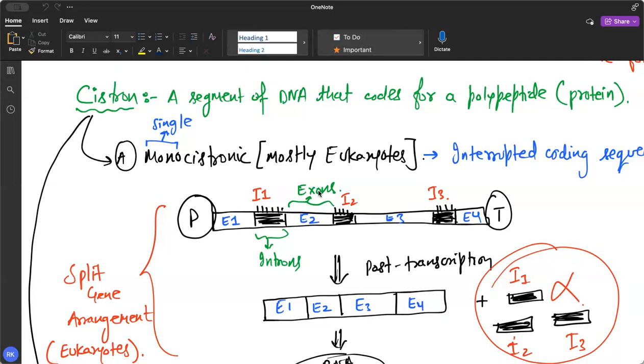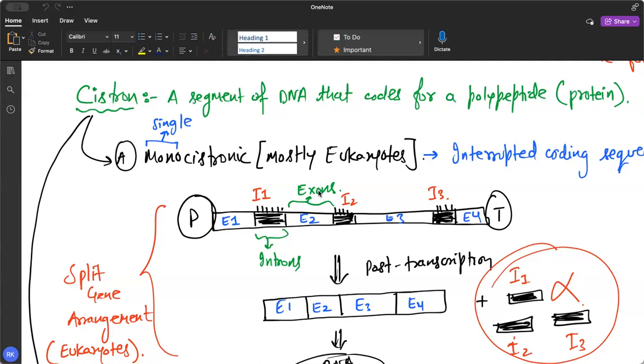Okay. So this split gene arrangement, which is present in eukaryotes, also protects eukaryotes from many mutations that happen. Why? Because if a mutation is happening in the region where a gene is, again 50% chances are that it can happen in introns. So you are saved because introns ultimately will be removed.